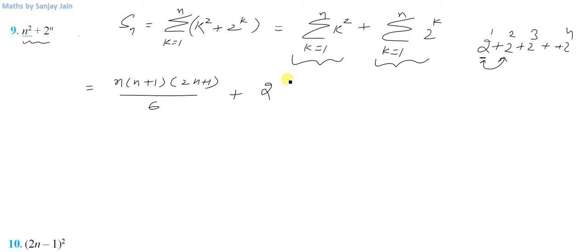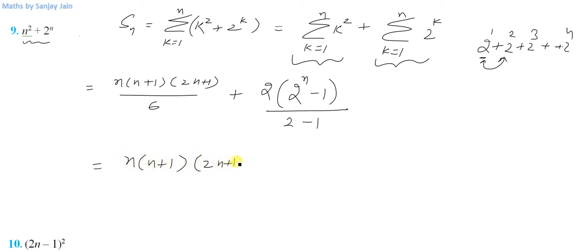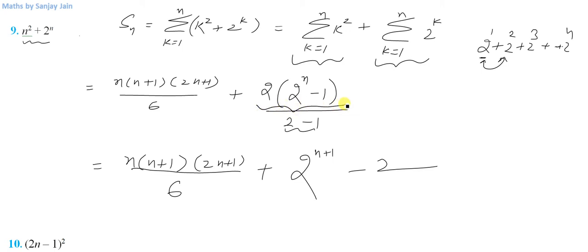It is a into r raised to power n minus 1 upon r minus 1. So this is the answer: n into n plus 1 into 2n plus 1 upon 6, and this is the second part. So I can write it as 2 raised to power n plus 1 minus 2, or you can leave it like this also, 2 into 2 raised to power n minus 1.